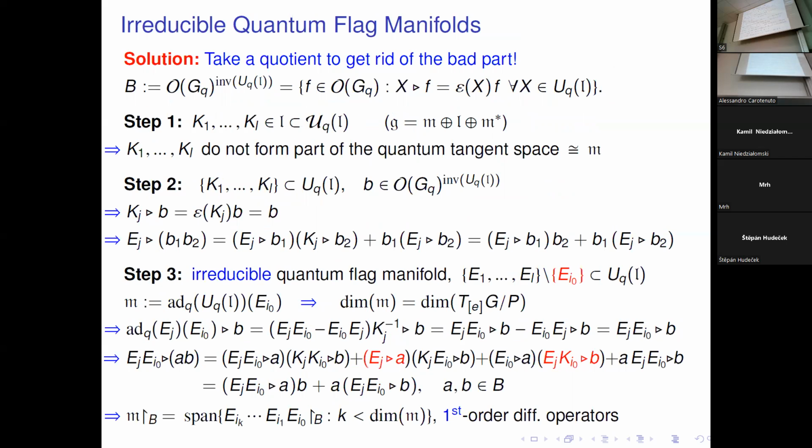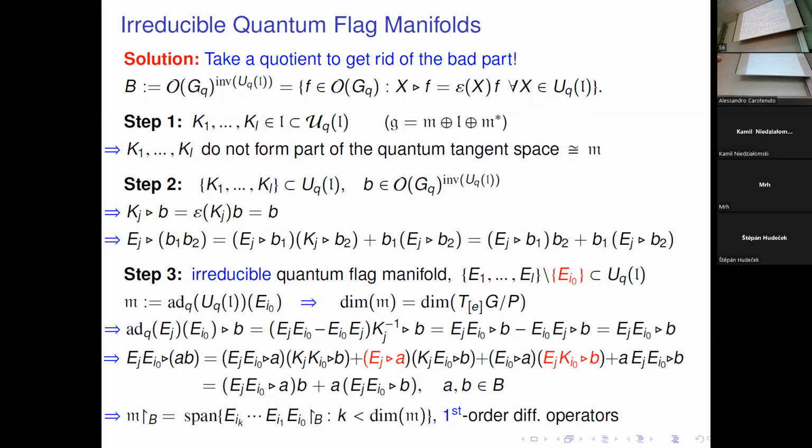Now to solve all these problems that I mentioned in the deformation, we go to irreducible quantum flag manifolds. And you have seen the list from Alessandro, where he took some points out. These are the ones that work. So the first thing is, you take a quotient. The quotient I wrote, these are the vector fields and something which is infinitesimally invariant.